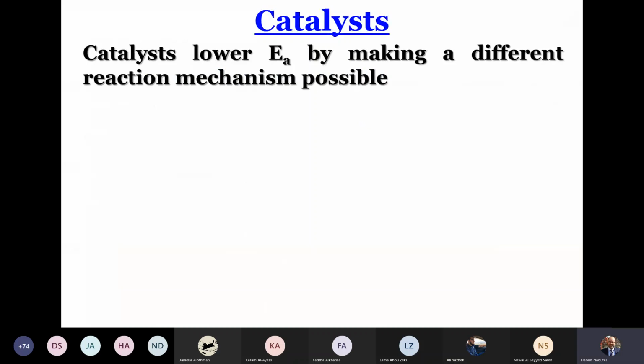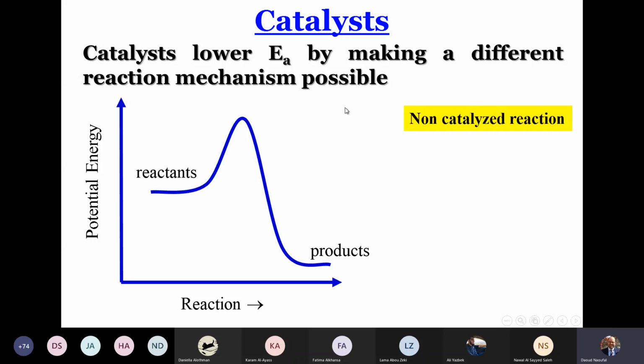So the catalyst lowers the activation energy by making a different reaction mechanism possible. For example, consider the transformation of the reactants to products. The energy of the reactants is greater than the energy of the products.